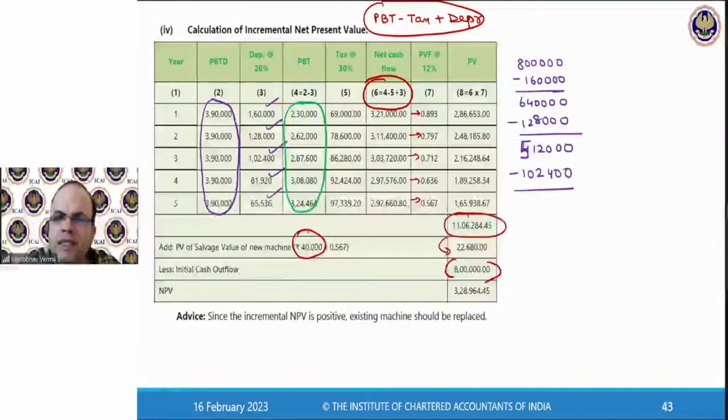So Dinesh, I hope it is clear now. We are getting a positive NPV, hence the machine can be replaced. Had this been a negative number, then we would probably have suggested continuing with the existing machine. Make sense? Everyone?